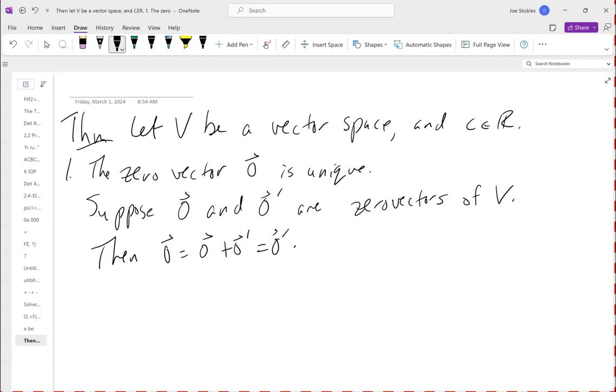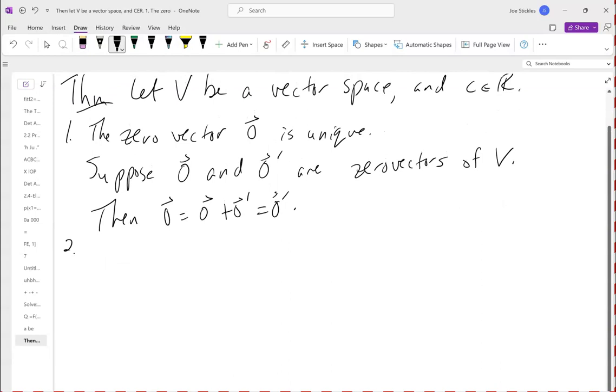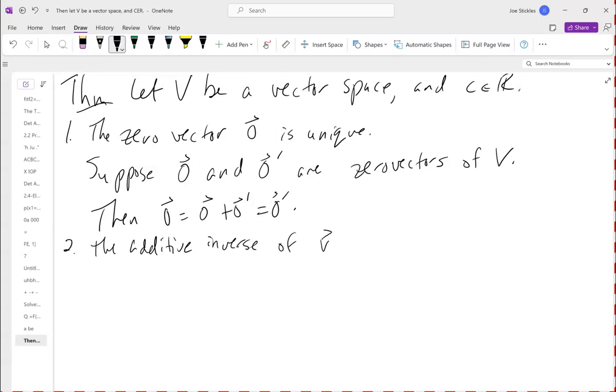Okay. Likewise, the additive inverse of a vector in the vector space is also unique.